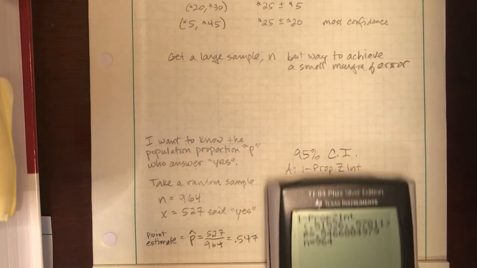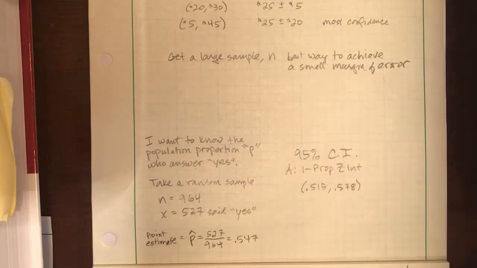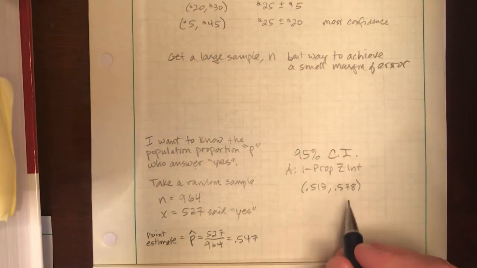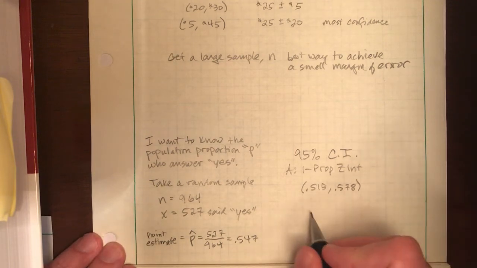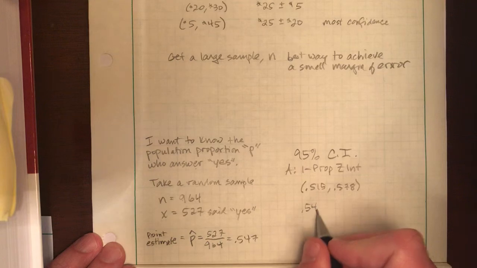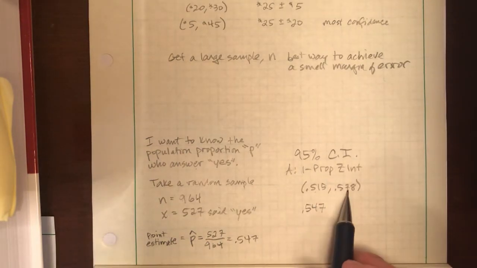Notice, I'll bring my calculator back up. Not only does it give that interval, it tells me what p hat was right below there. We already knew it was 0.547. So I'm going to write this interval in its other format. I already knew my point estimate was 0.547. You could have also found that by taking the average of those 2 numbers. Add those 2 together and divide by 2.